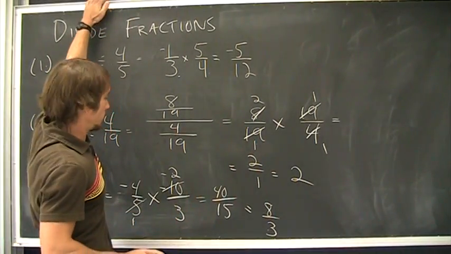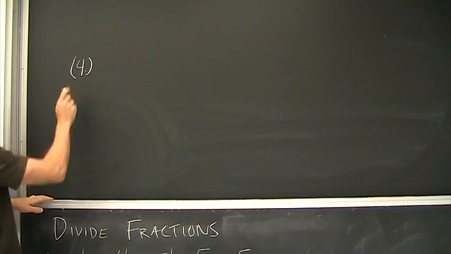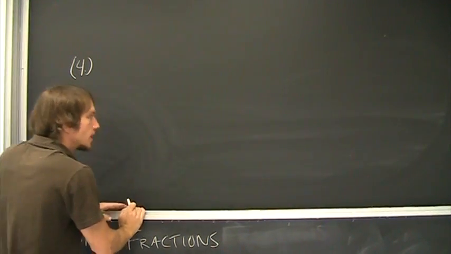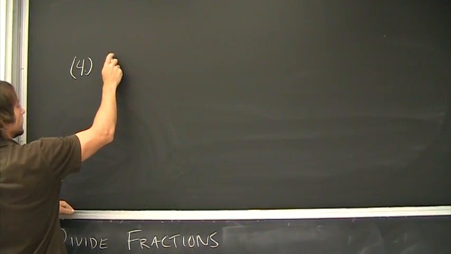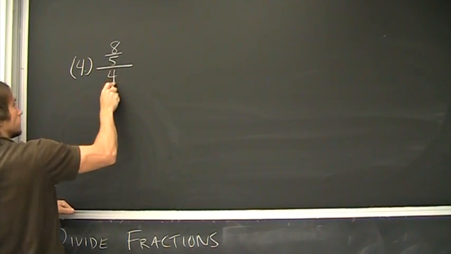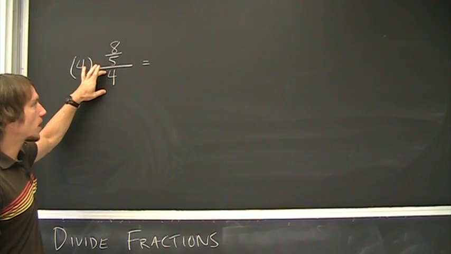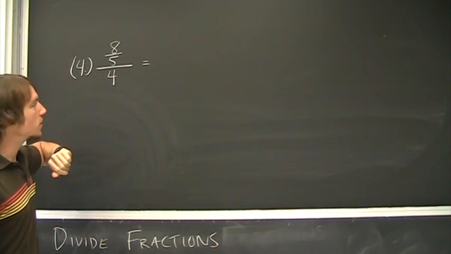Do one more example. Example 4. I'm going to say 8/5 divided by 4, okay? So 8/5 divided by 4, fraction divided by an integer, right? Remember how we dealt with that before?